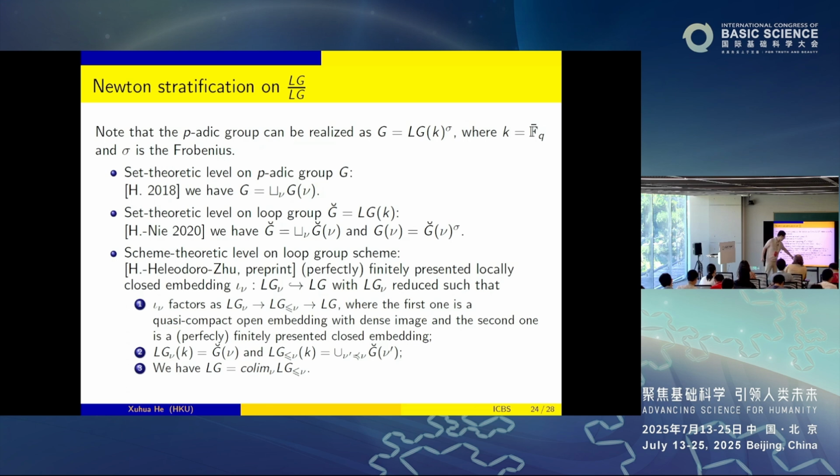Also, we have the closure relations. This can also be regarded as a generalization of the cocenter conjecture, and the whole loop group is actually regarded as a colimit of the Newton strata.